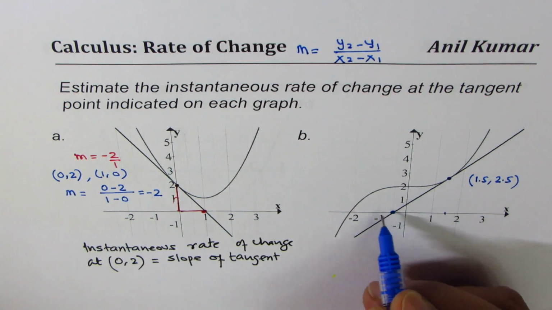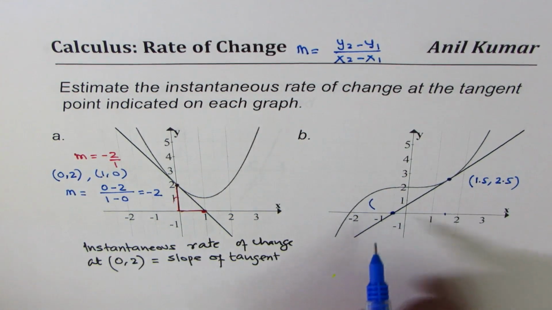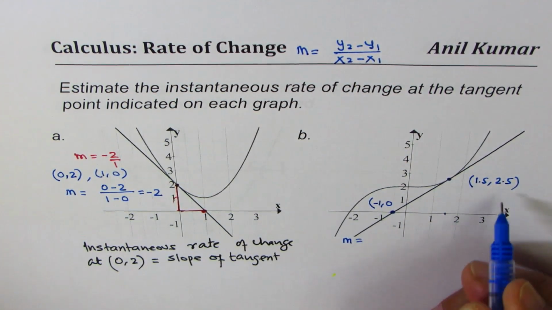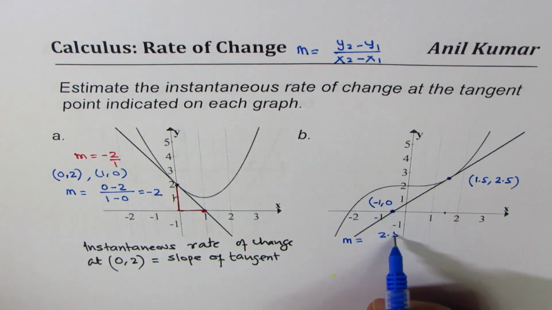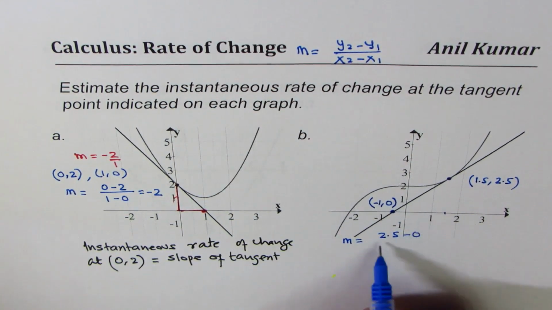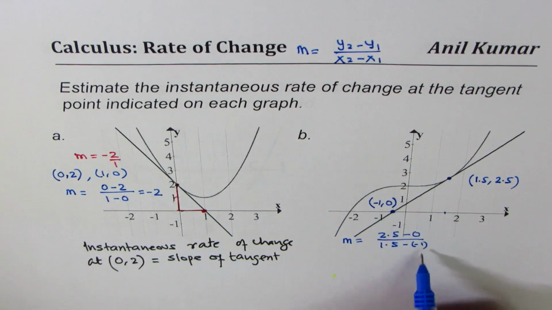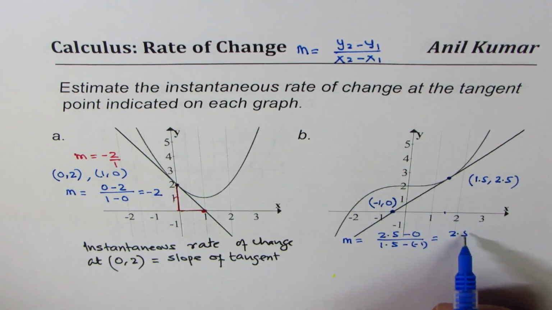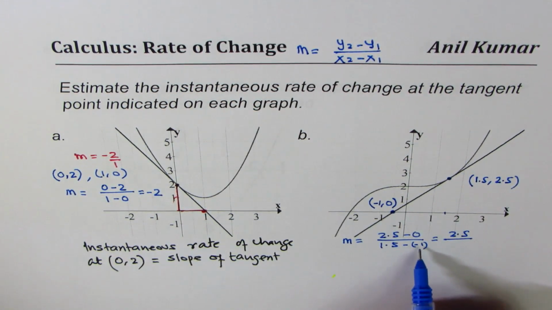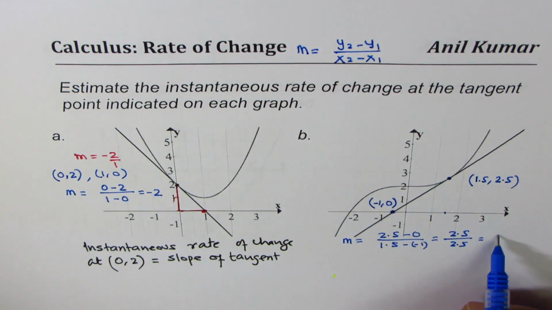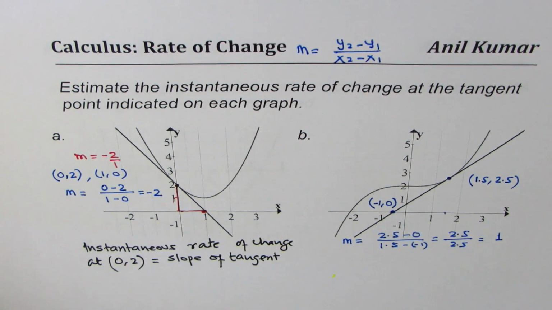So the 2 points given to us are (-1, 0) and (1.5, 2.5). The slope m in this case is 2.5 minus 0 divided by 1.5 minus -1, or 2.5 divided by 2.5, or the slope is +1, correct? So that's the instantaneous rate of change.